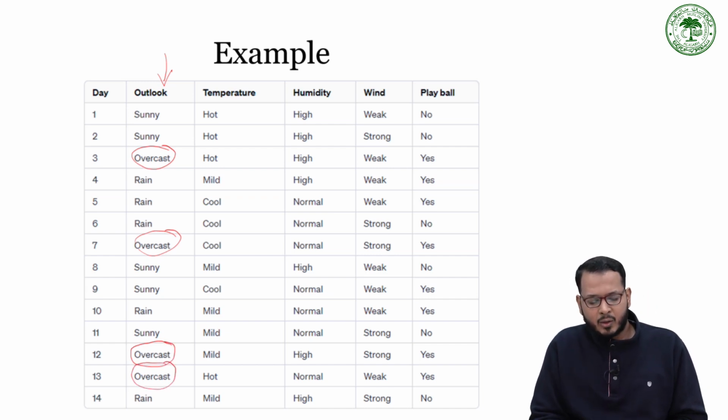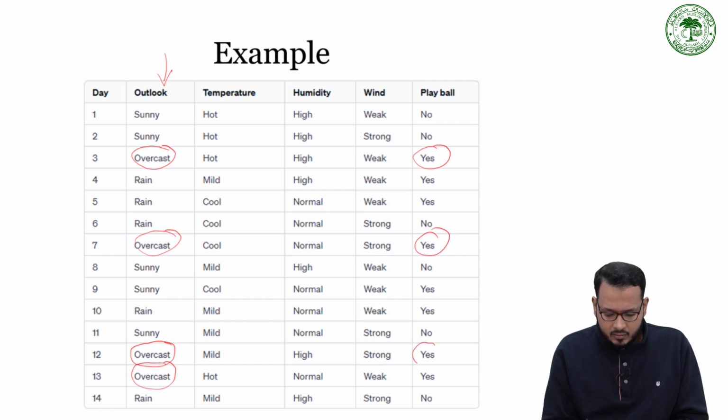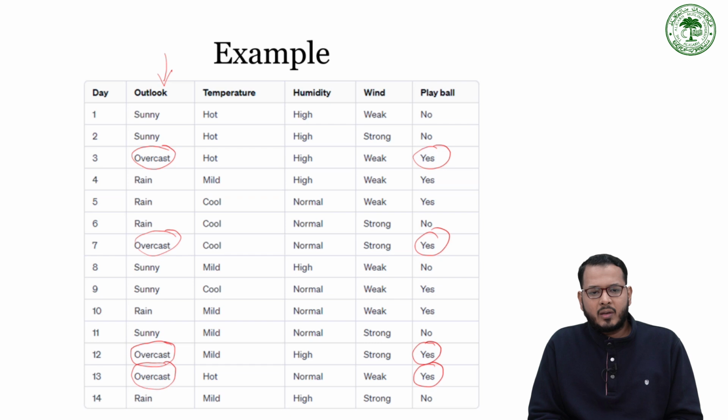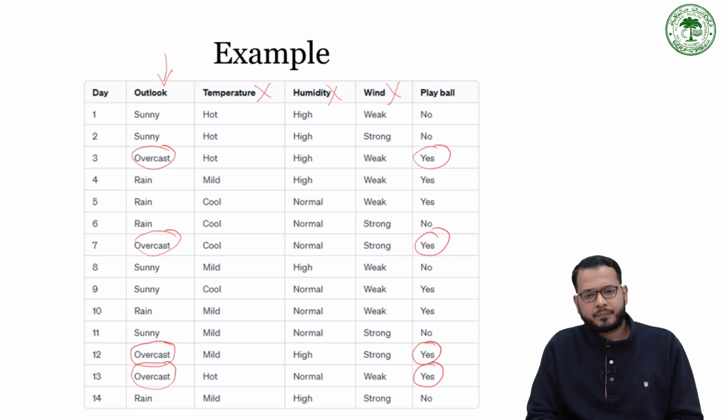And when the outlook is overcast, we can check that always the answer is yes. That is, whenever the outlook is overcast, you can always play the game. There is no need to even check further attributes like temperature, humidity, and wind.